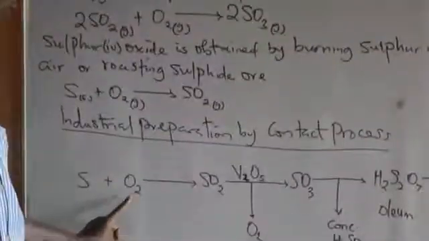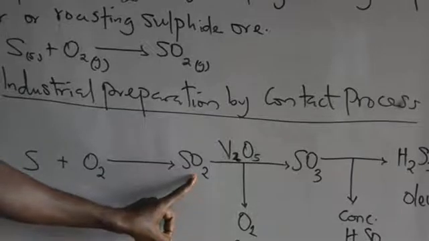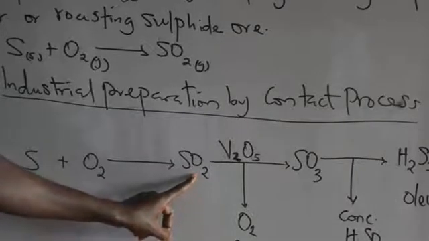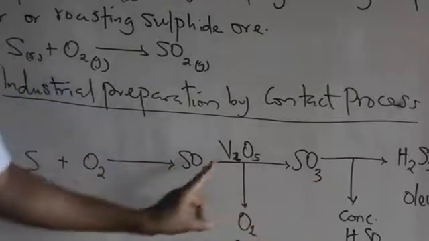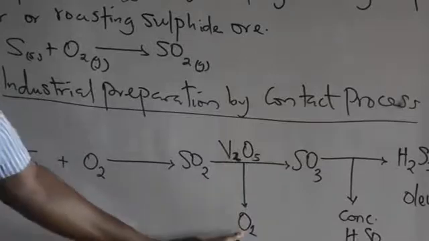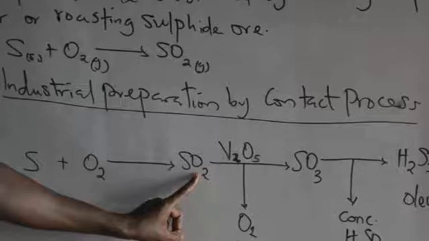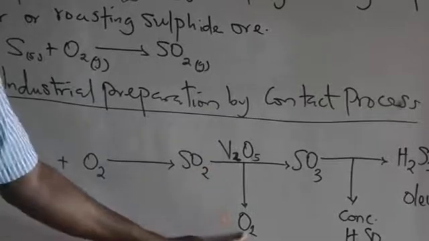Now to further get sulfur 6 oxide from sulfur 4 oxide, what do you do? You react it with excess oxygen.